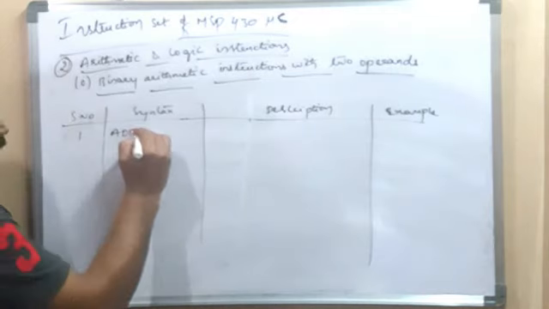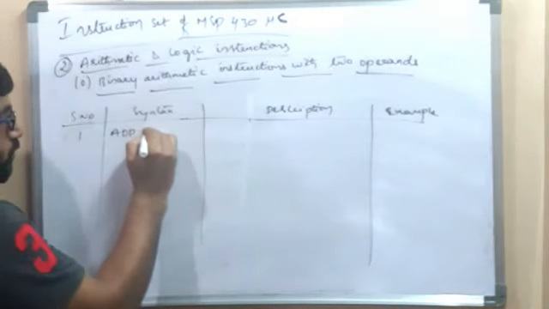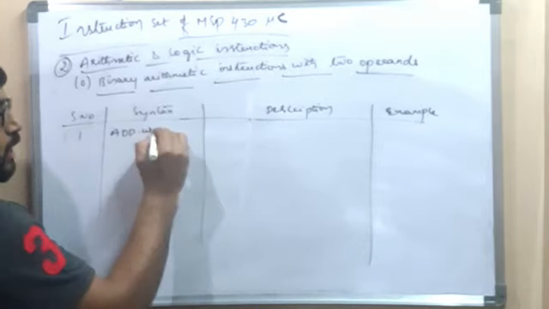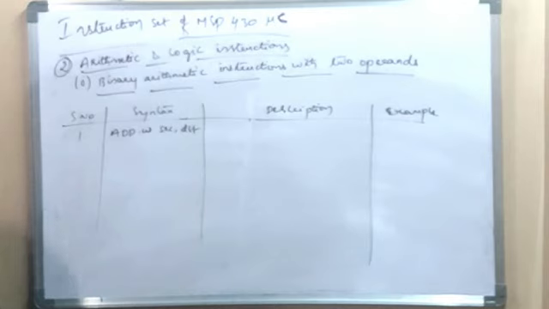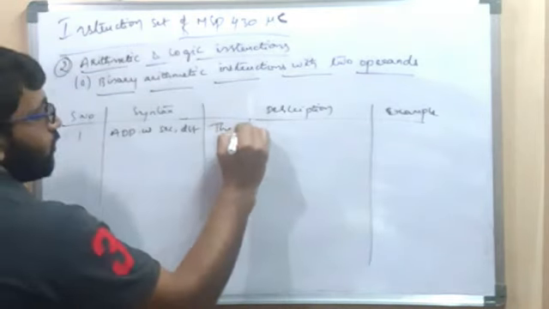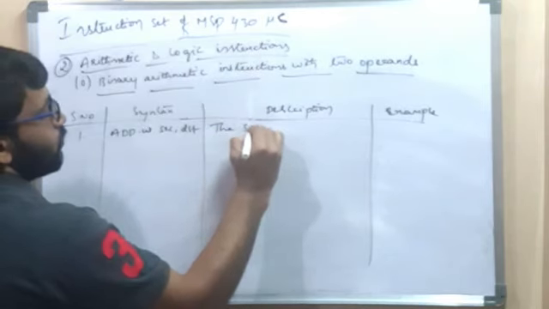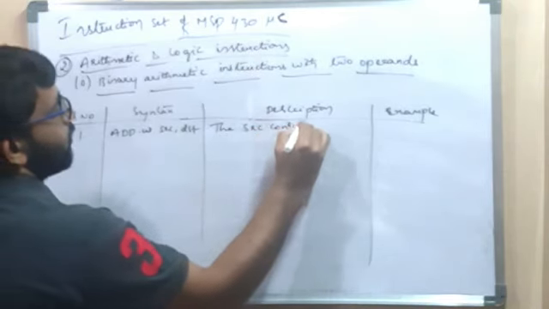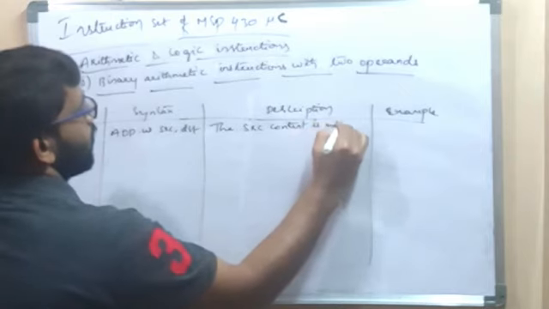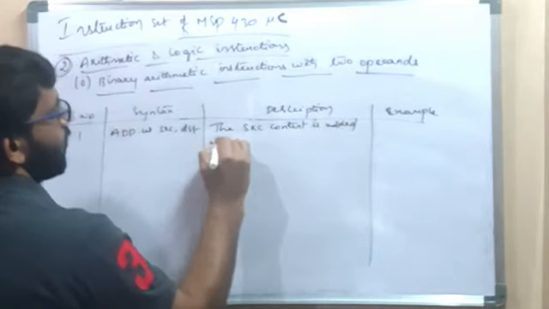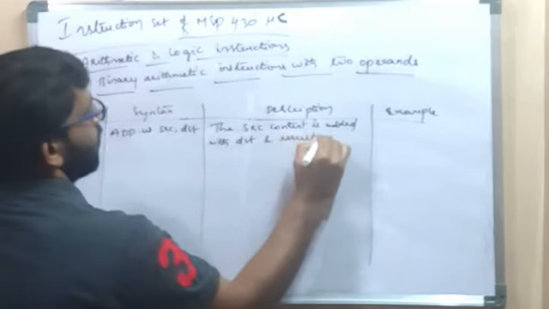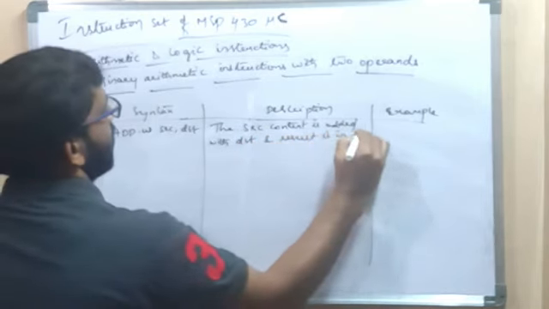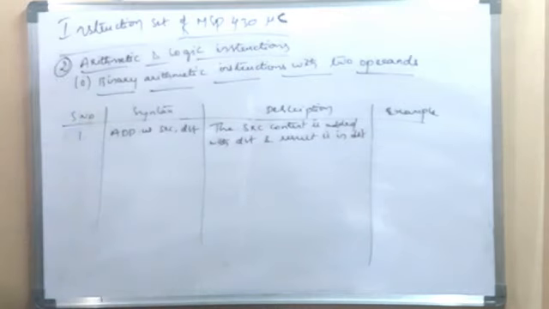Add dot w data type. Add dot w source comma destination. So the meaning of this is the SRC source content is added with DST and result is in DST.